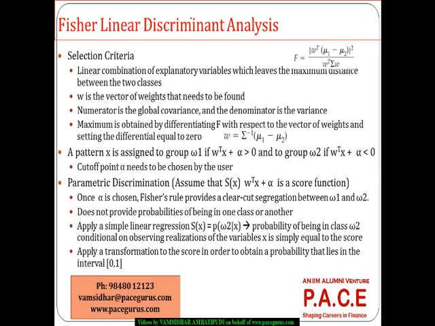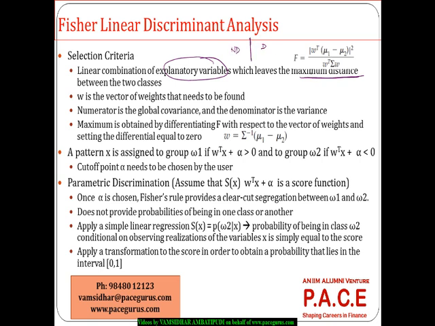Now the simple way is I am combining a linear combination of the explanatory variables. Here that particular combination I am going to choose, which will create the maximum distance between the two classes. So I am taking the classes as no default and default.